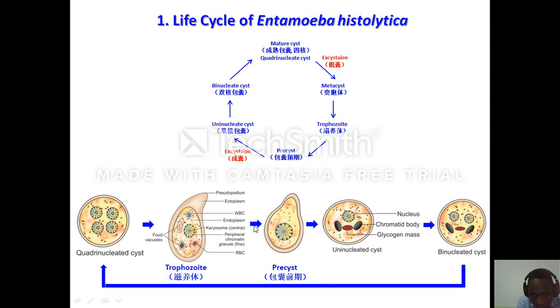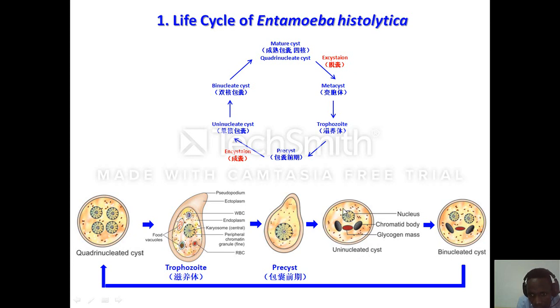So that is one differentiation you should know. Apart from that, you can see a glycogen mass in the cyst, but you don't see the glycogen mass in the trophozoite. When you see the red stuff here, this part is a glycogen mass, but here this red stuff is an RBC, red blood cell. So that is it for the Entamoeba histolytica, and you can see here the uninucleated cyst.